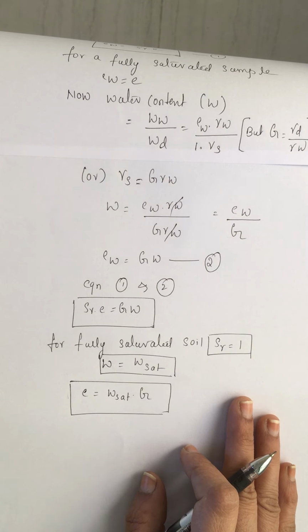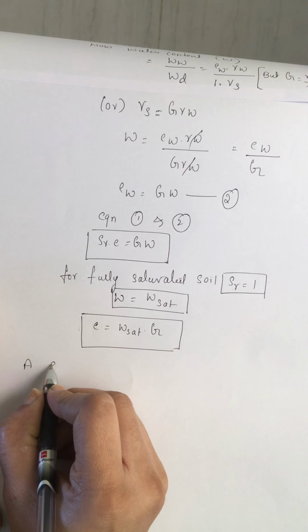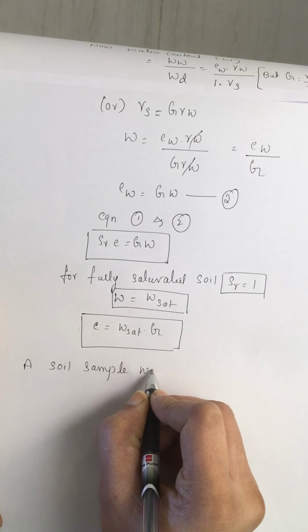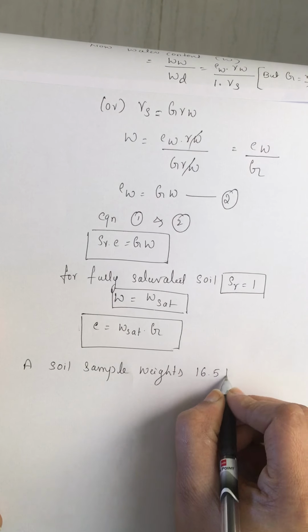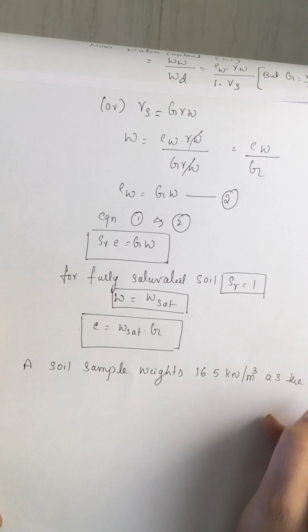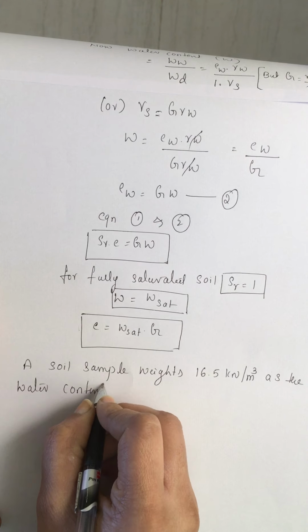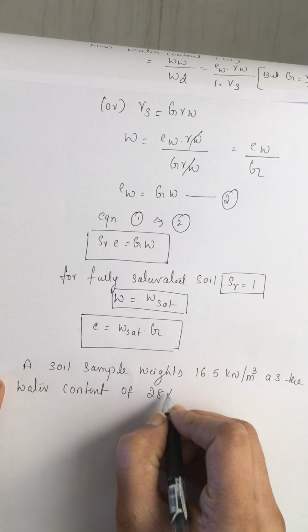Let us solve the problem. So write down the problem. A soil sample weighs around 16.5 kilonewton per meter cube, has the water content of 28%.